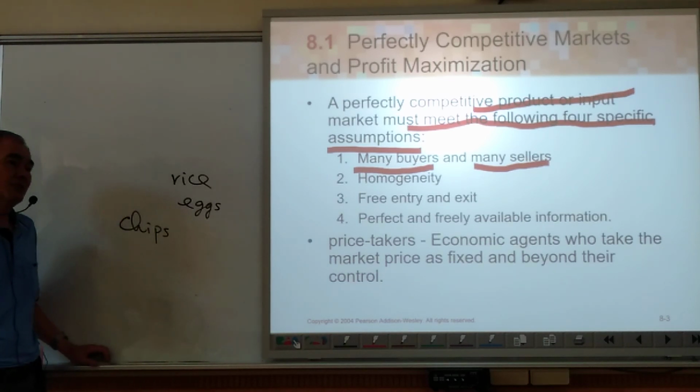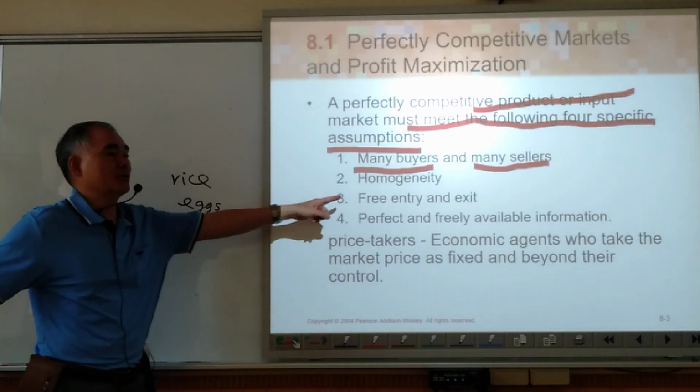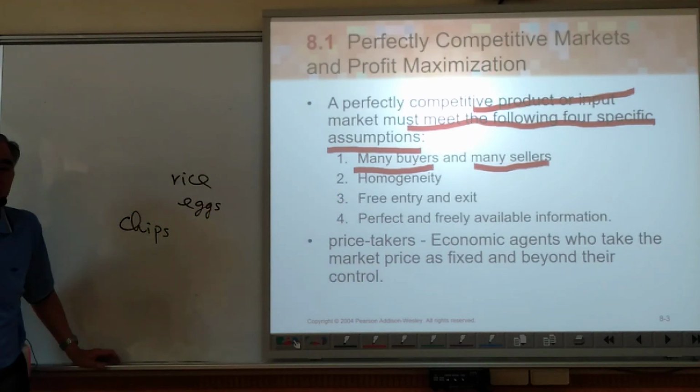Why not more chips? I'm talking about free entry and exit, okay? You may know something, right? The factories, technology, the manufacturers with the ability to make chips are limited.